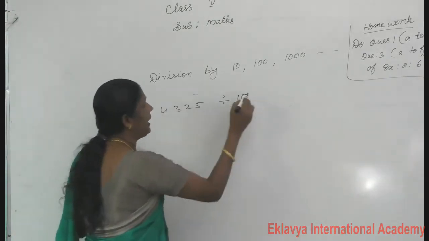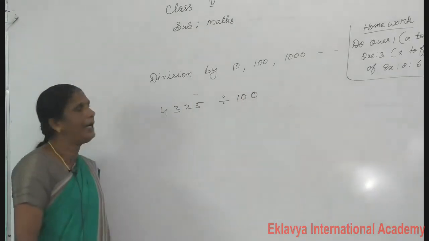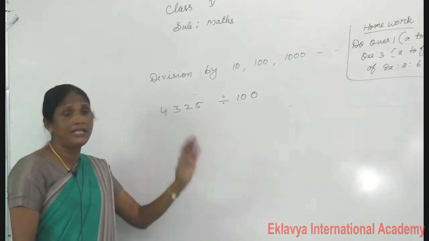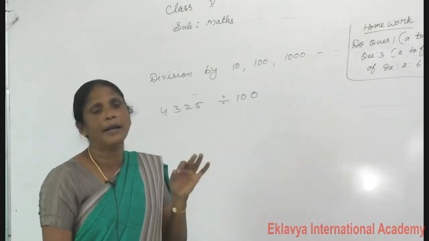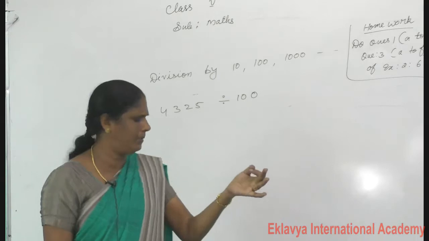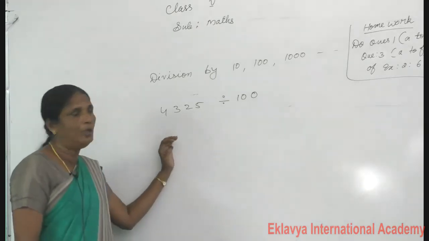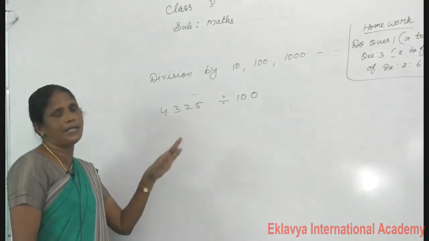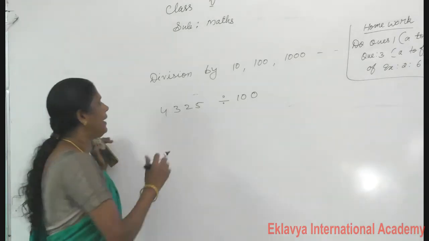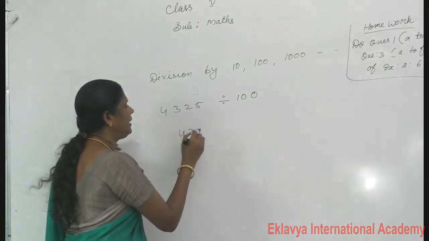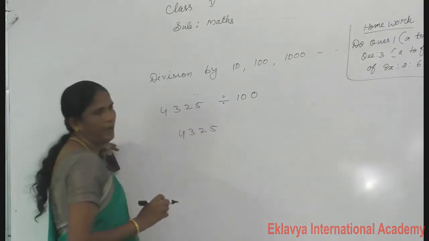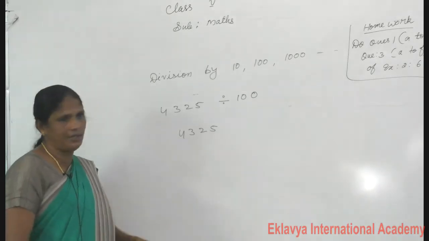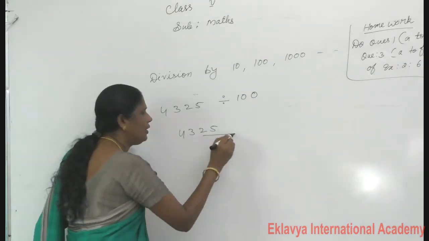Again, 4325 divided by 100. When we divide by 100, we remove 2 digits from the right hand side of the number. How many digits do we remove? 2 digits, that is 25.